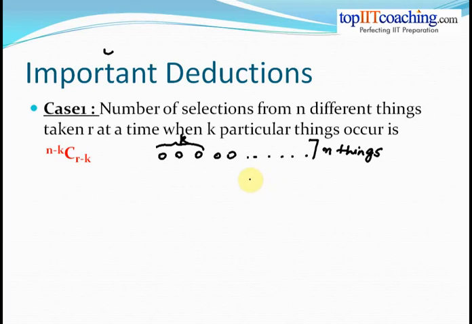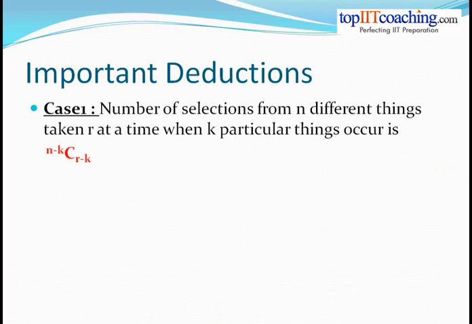And let us say r things need to be selected. So what we see is these k things will always be there. Now the remaining r-k things have to be selected from the remaining n-k things. So the number of combinations become n-kCr-k.